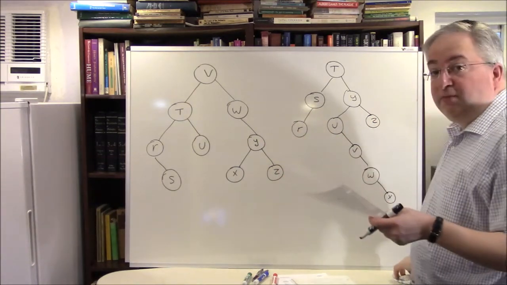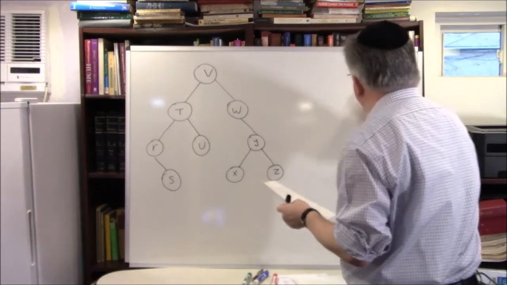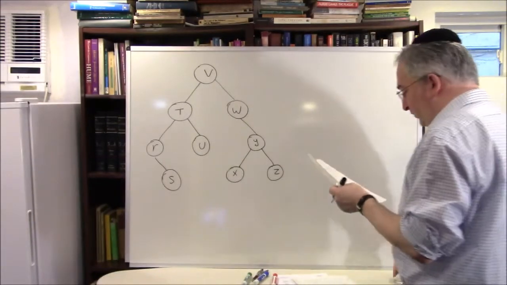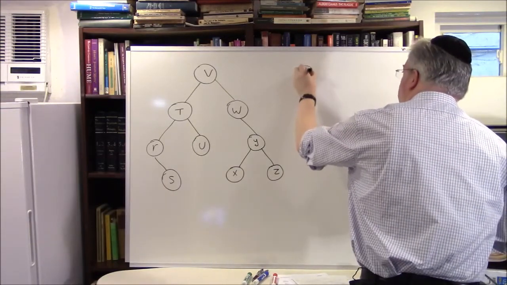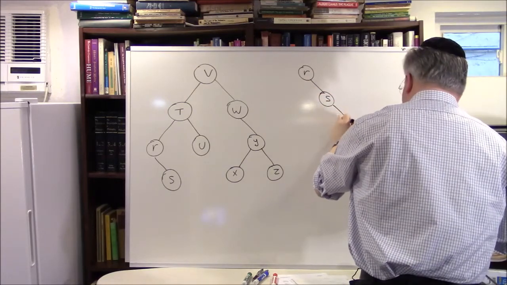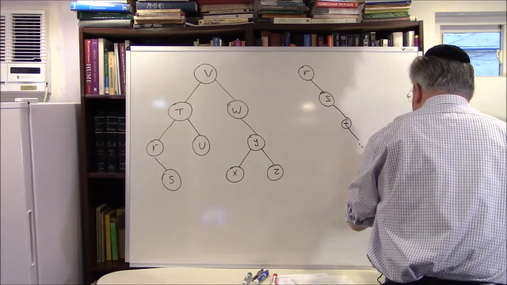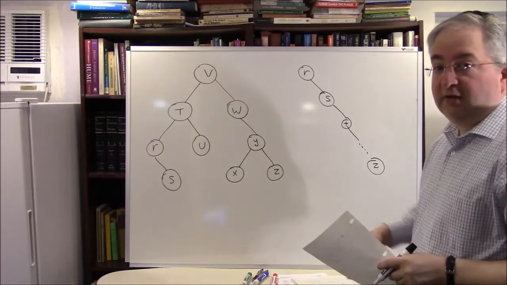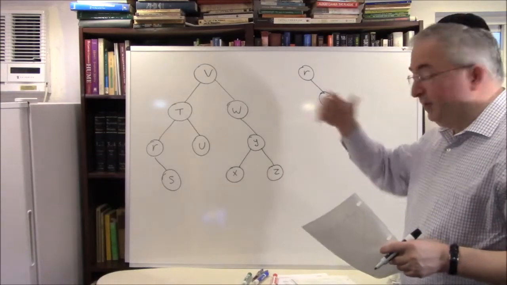There's an extreme case of these. Here's one extreme case. R is less than S, is less than T, all the way down to Z. It's technically a tree, but it's a long snake.